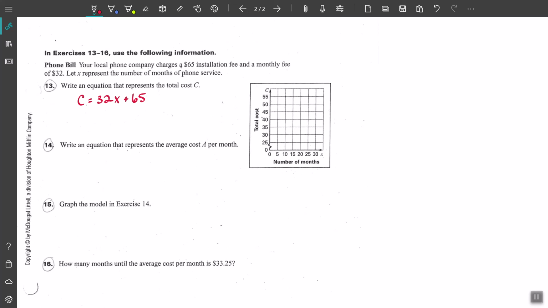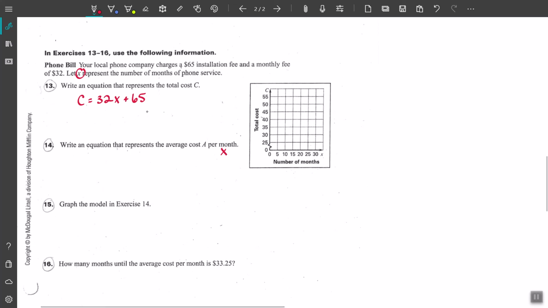Coming down to number 14, they ask you to write an equation that represents the average cost, A, per month. So remember our months, they told us up here to define as X, and now they want us to find the average cost per month.